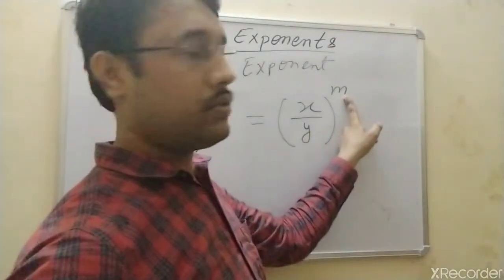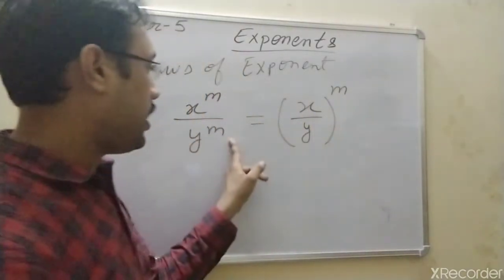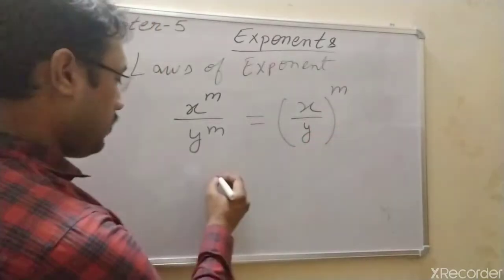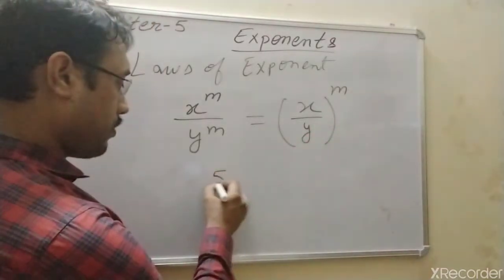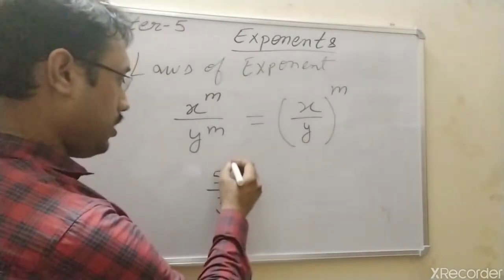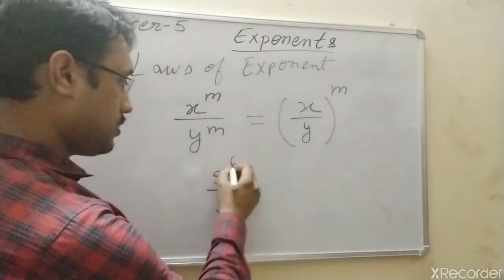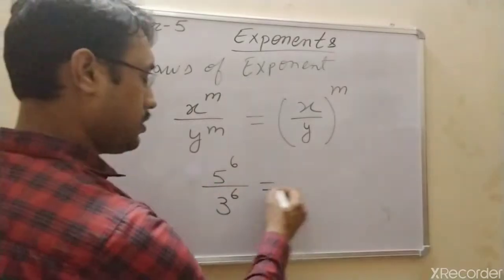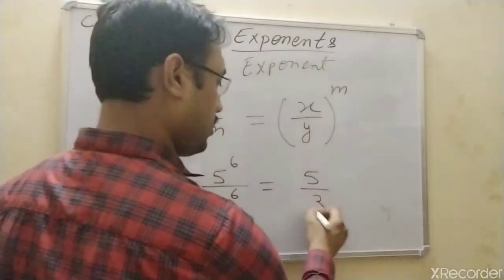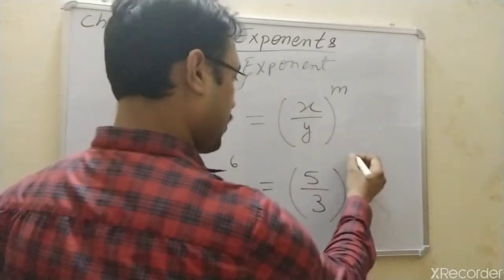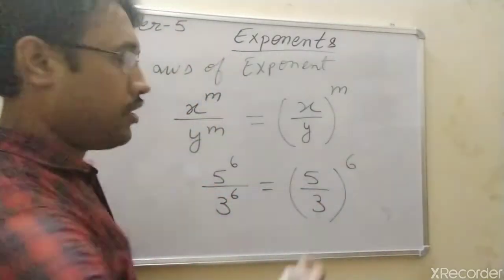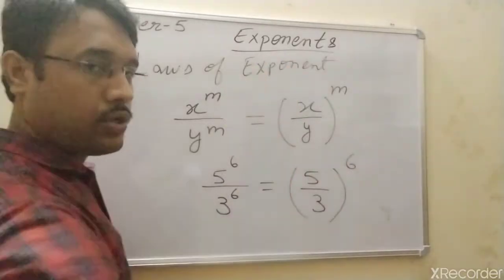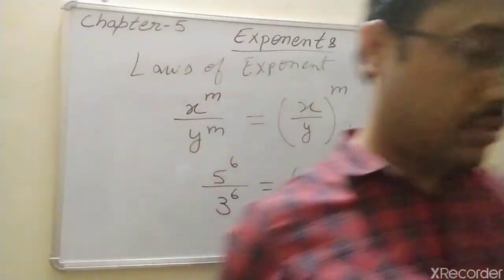For example, if the number is 5 to the power 6 and in the denominator 3 to the power 6, then you will write it as 5 by 3 to the whole power 6. I have taken this power 6 common.